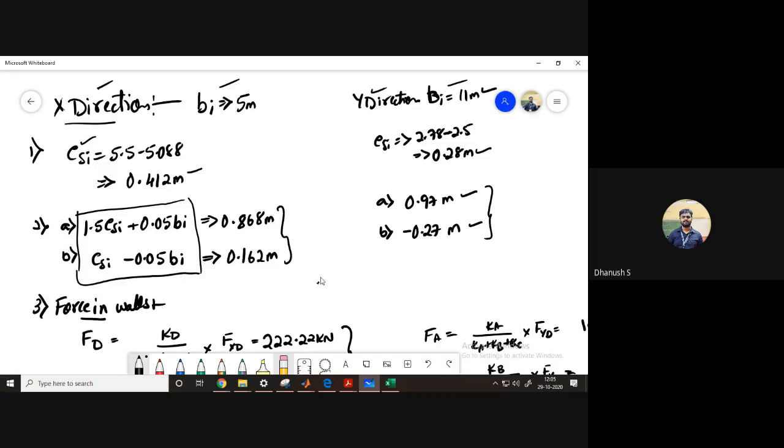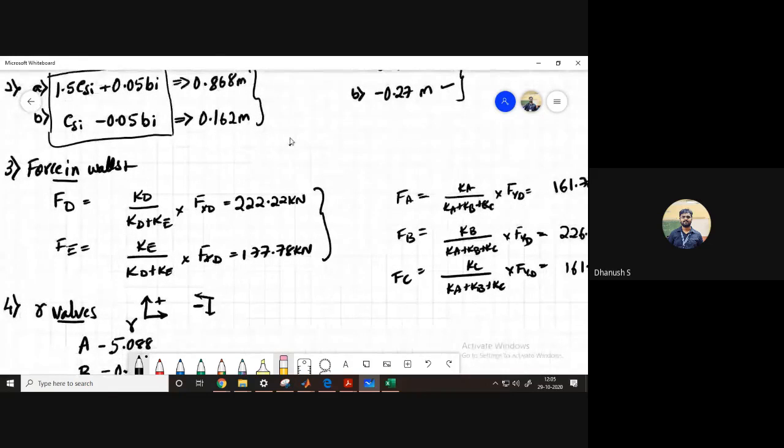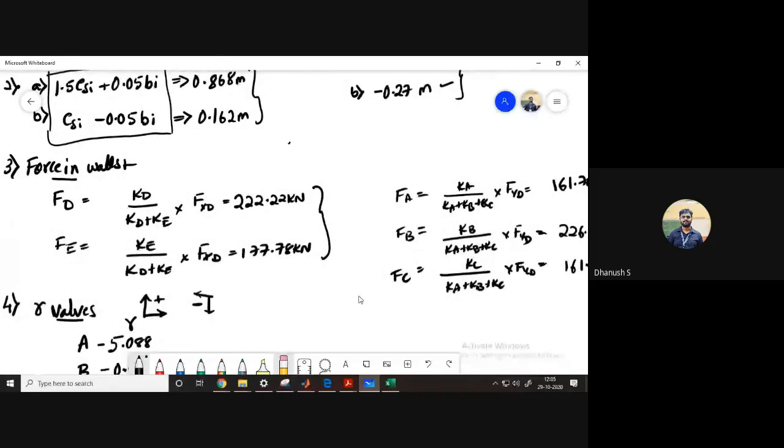Next, to find out force in the walls, first you need to find out force due to non-torsional condition, meaning when there is no torsion, simply due to the stiffness of each wall, how does the force acting along that direction get distributed? For that, the formula is fairly simple. Force in that wall is equal to stiffness of that wall divided by the summation of stiffness of all the walls, into the force acting along that direction.